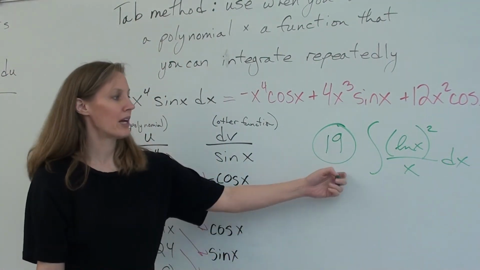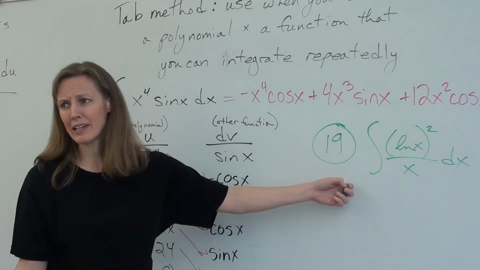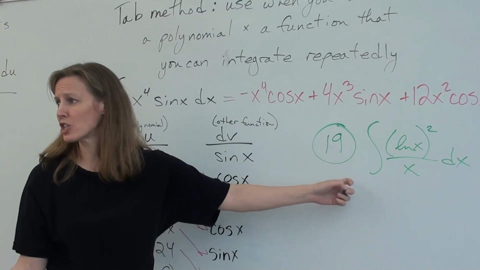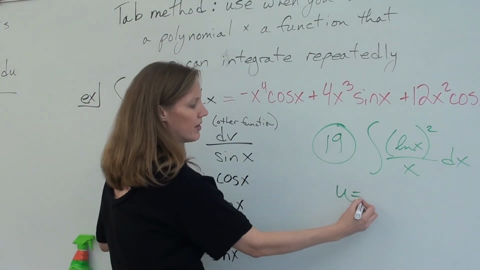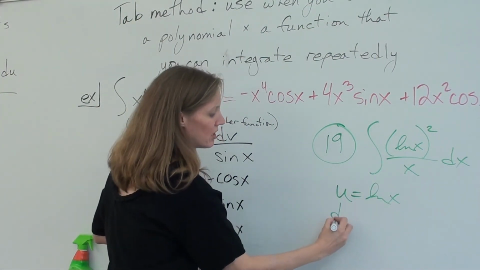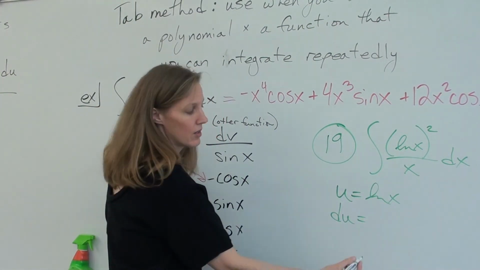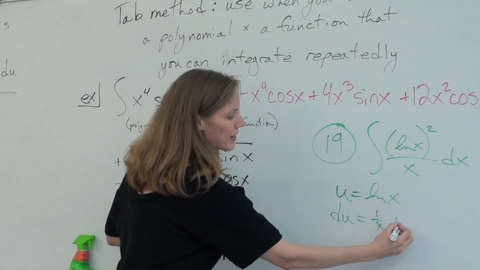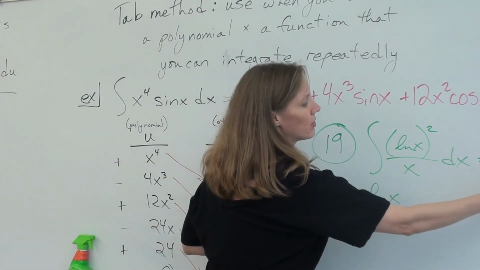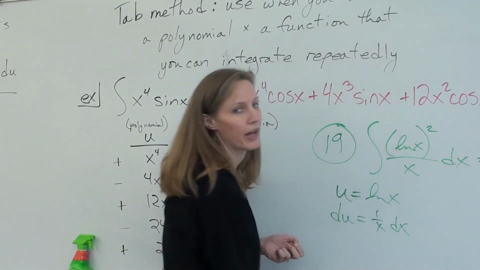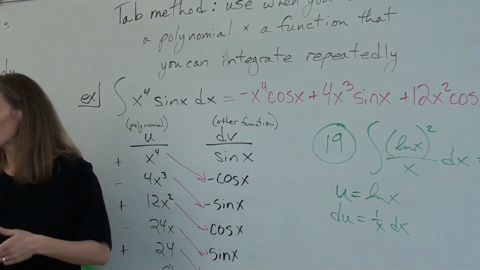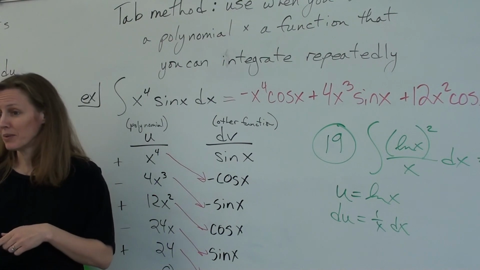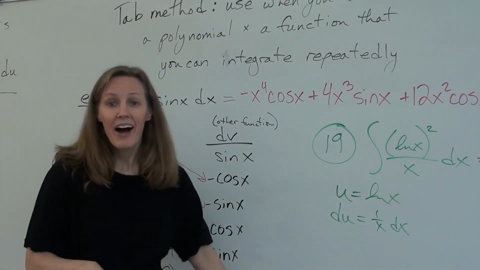If you have an integral like that, this is not integration by parts. This is old-fashioned u substitution. What would u be for this? ln x, because then your du is 1 over x dx, and you end up with just the integral of u squared du, right? So there's a mix, just be warned in your homework. Some are old and some are new, okay?